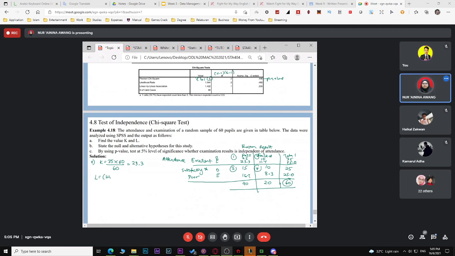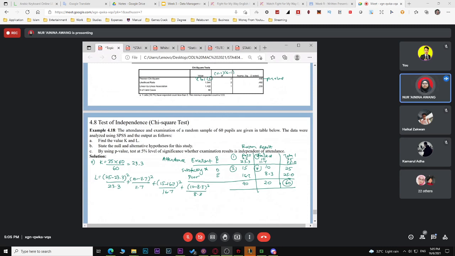Just put 25 minus 23.3 square over 23.3 plus 10 minus 11.7 square over 11.7 plus 15 minus 16.7 square over 16.7, and the last one 10 minus 8.3 square over 8.3. Okay, so this is how to solve the problem.